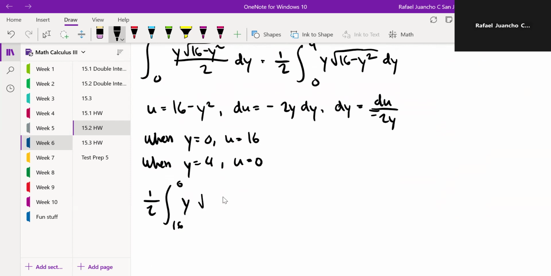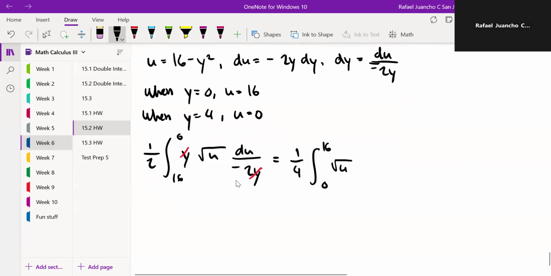So I have y square root u. This cancels. I'm gonna plop that negative out. That way this switches. So I have 1/4, 0 to 16, square root u du.